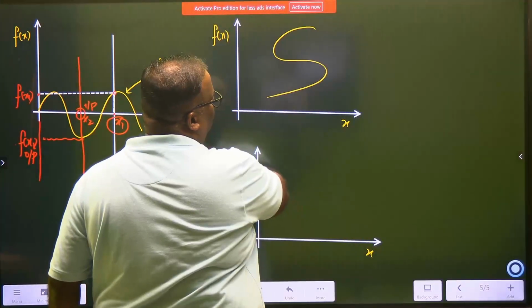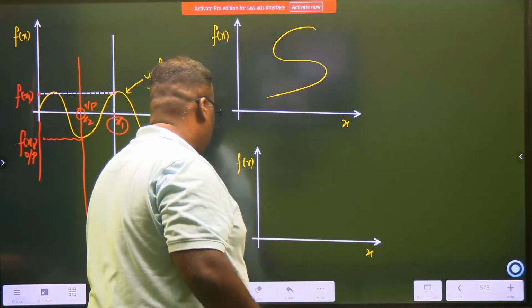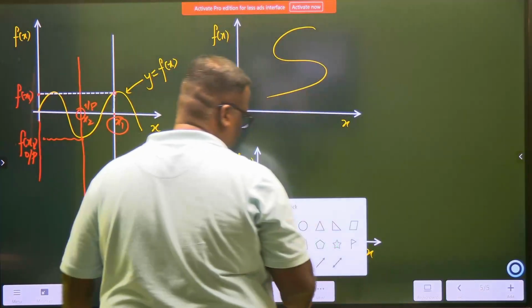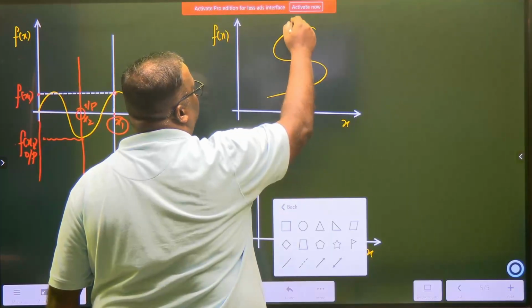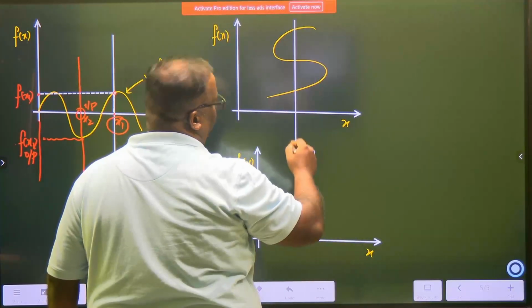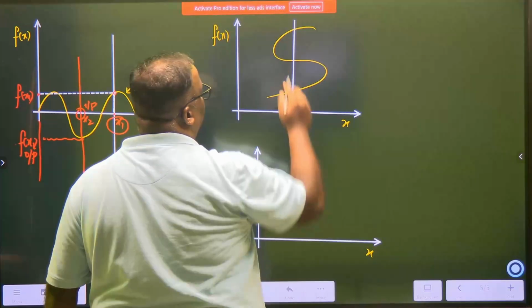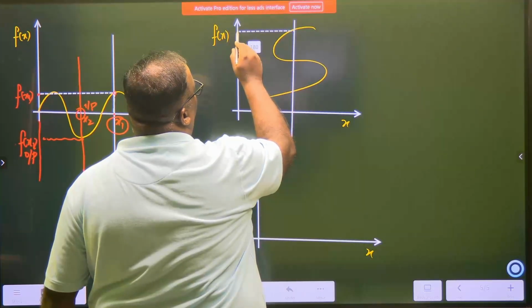Suppose I have a spiral curve. Now I try to make a vertical line test out here. See, I make a vertical line test. I'm intersecting 3 points.